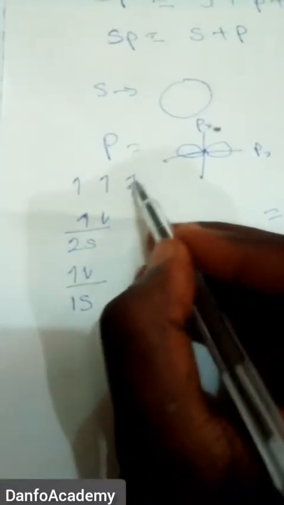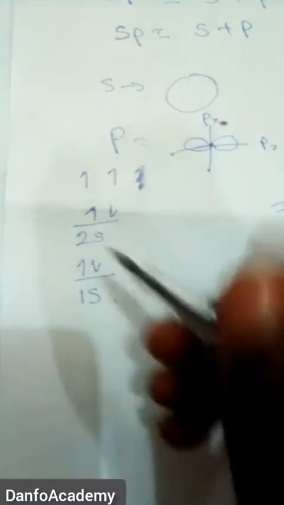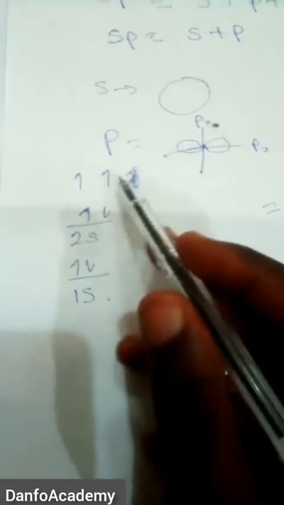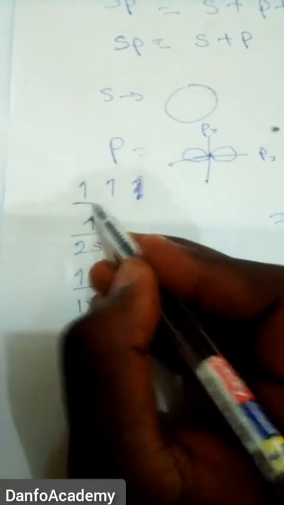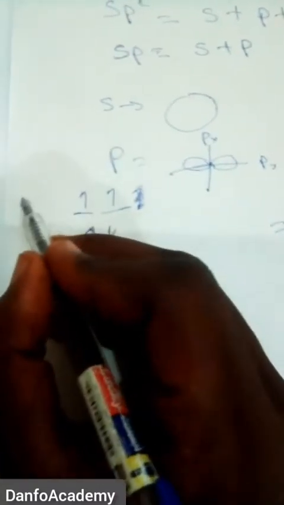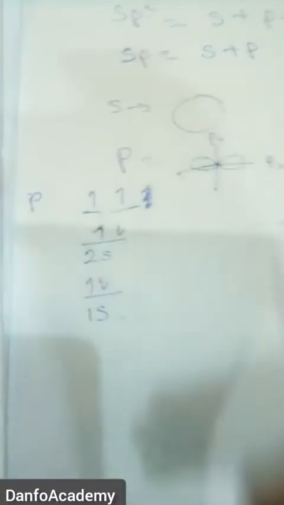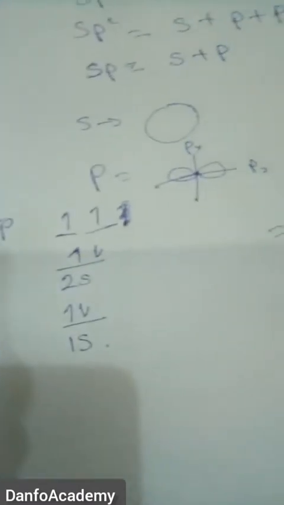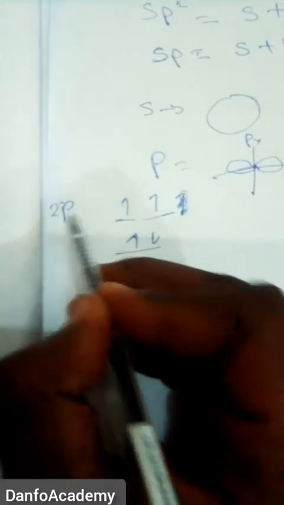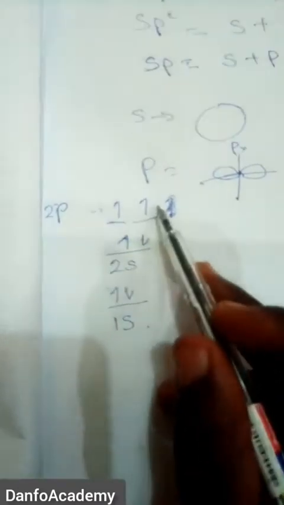So this is your 2p orbital, and in total it is 1, 2, 3, 4, 5, 6 electrons.